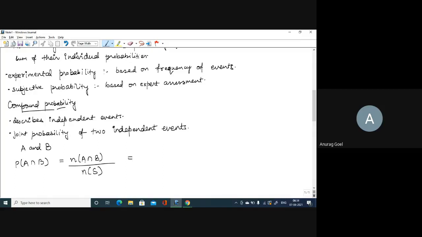Since these events A and B are independent, this would be equal to P of A into P of B, and this NS refers to the number of elements in the sample space.